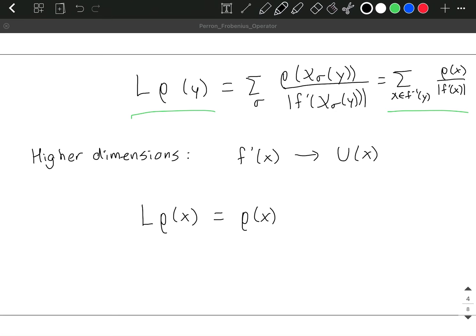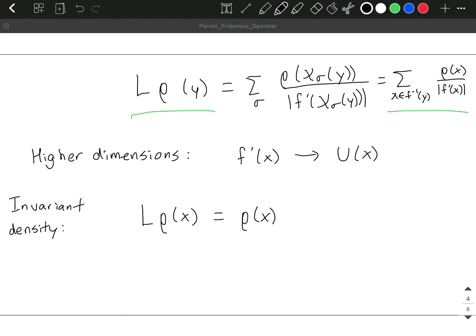And rho of x is called the invariant density, or this fixed point is called the invariant density, because when the density is acted on by the operator, it returns the density itself. And therefore, it is invariant under the dynamics and describes the stationary state of the system.